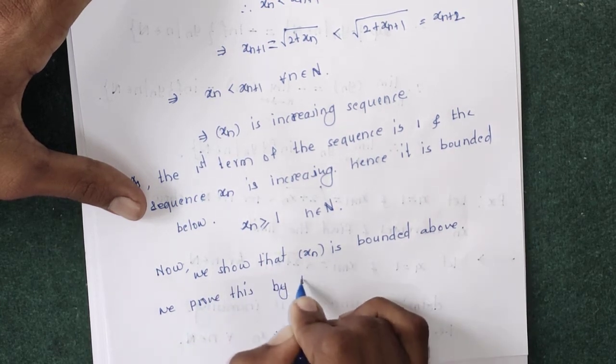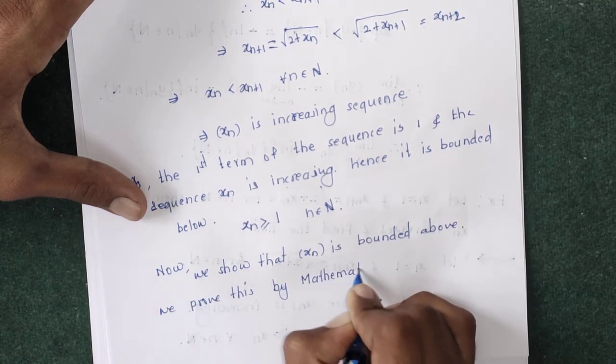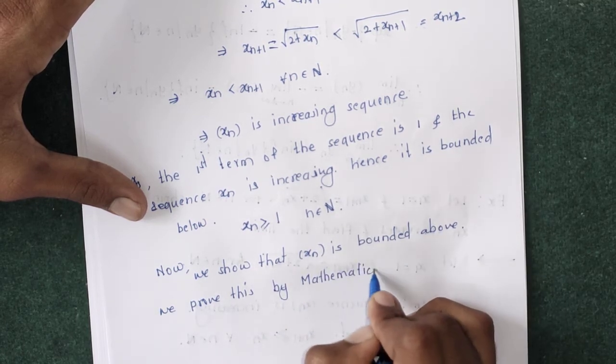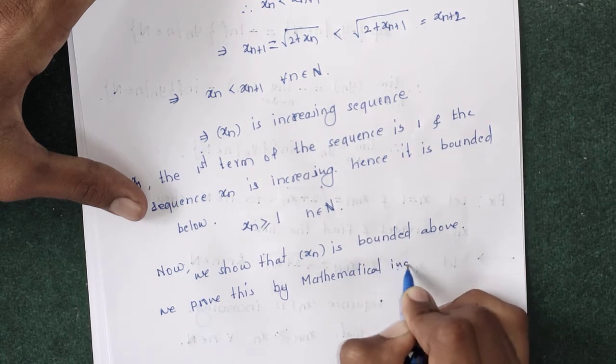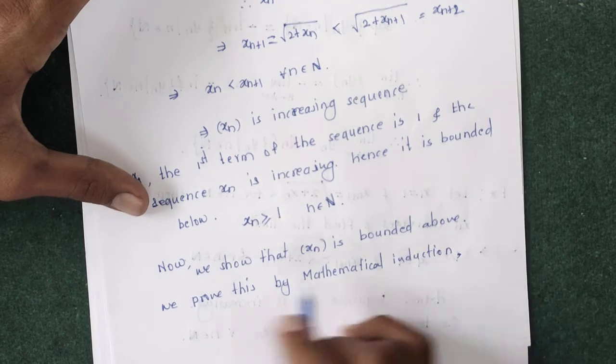Mathematical induction means we have to prove for n equals 1, suppose for n equals k, and prove for n equals k plus 1.